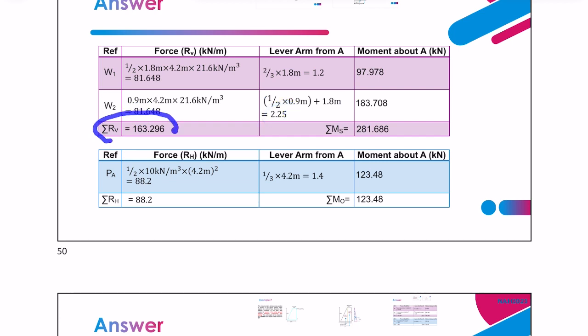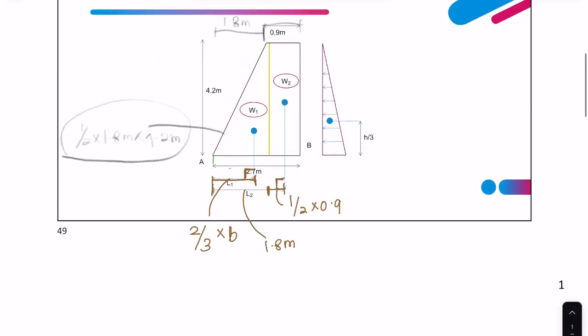Get the total vertical force by adding W1 and W2, and get the total stabilizing moment by adding moment W1 and moment W2. We have the horizontal force. Horizontal force, so we know that is the force from the retained material.